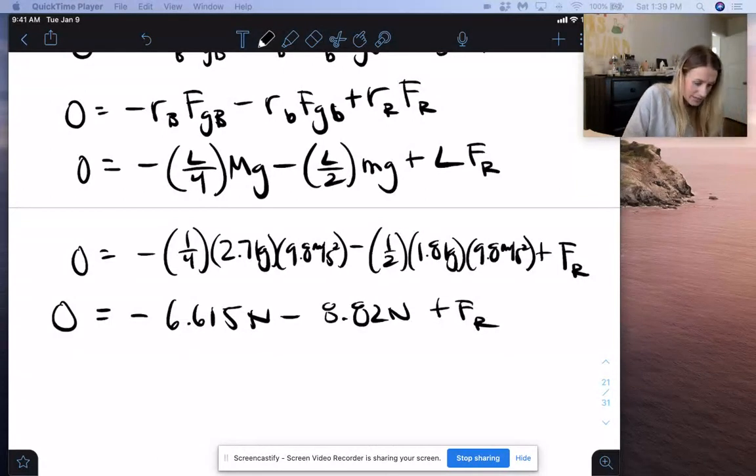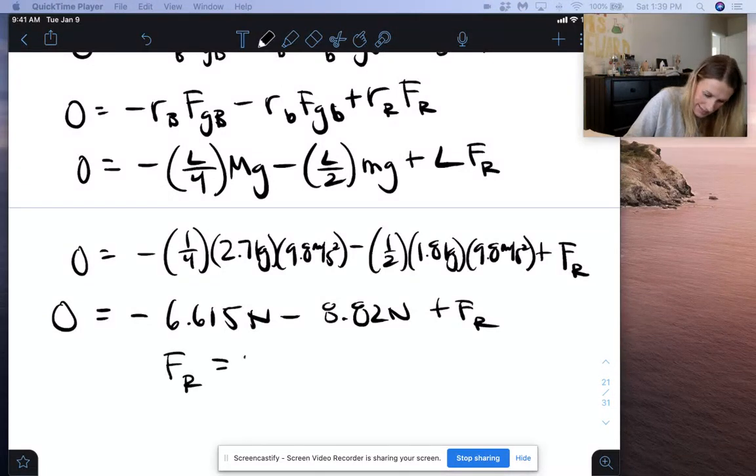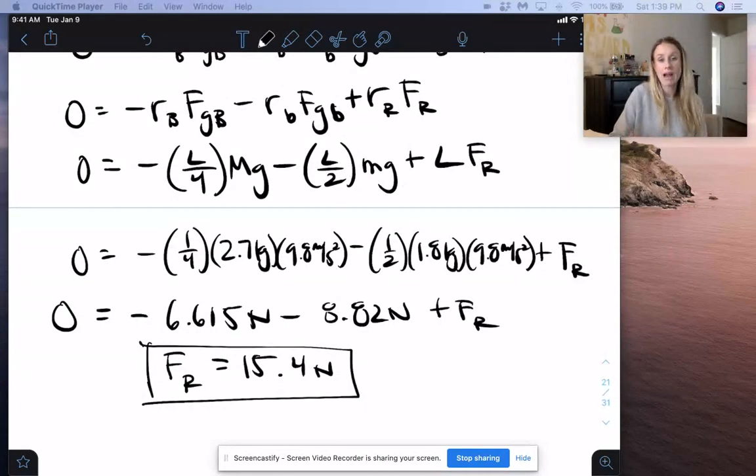Adding both of those to the other side, we get 6.615 plus 8.82, and that ends up being our force right, 15.435, so about 15.4 newtons. So that's our answer for the right scale reading.